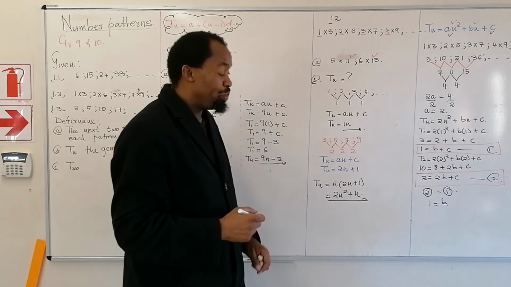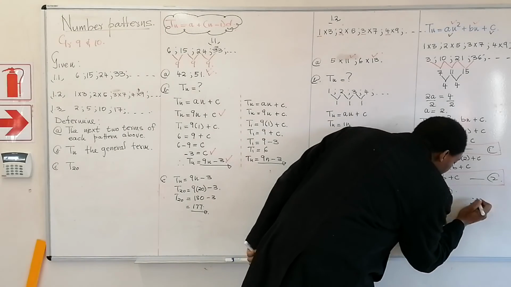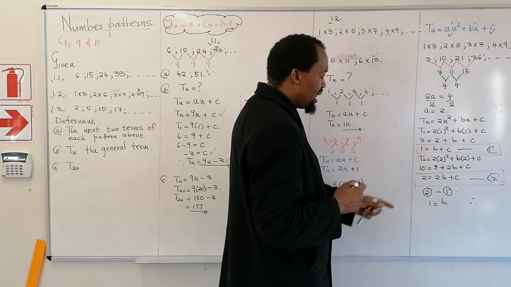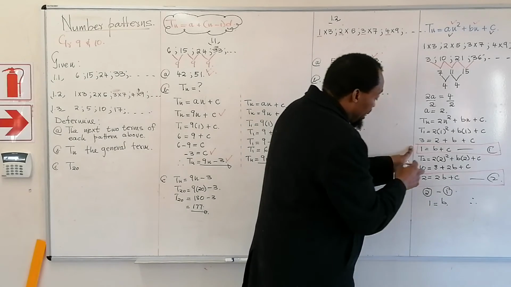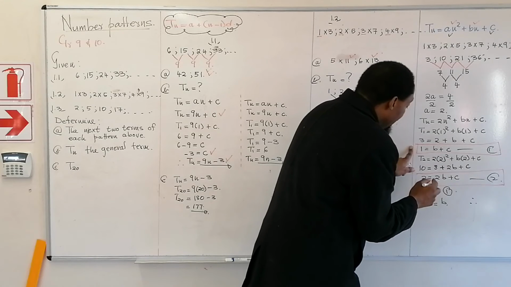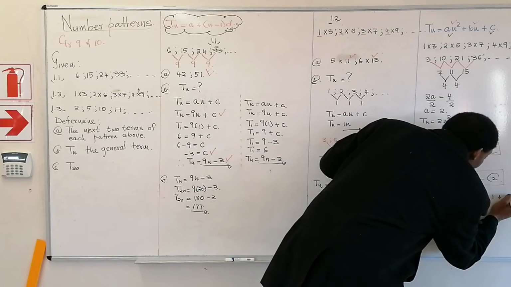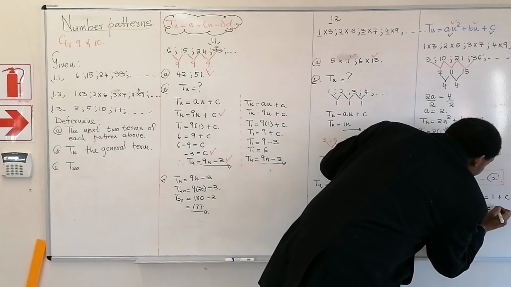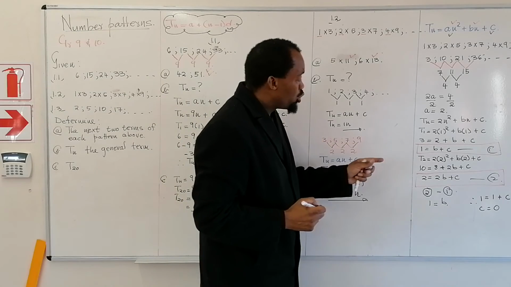Then I know that b is equal to 1. Then I'm going to say if b is 1, therefore c is, I go there. Remember, b is 1. That would mean that 1 is equal to 1 plus c, and c is equal to 0.